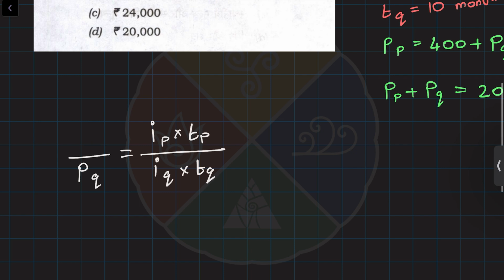So instead of profit of P, I will write 1200 and here I write 800. If I simplify, the zeros are gone, and if I divide by 4 on both sides, that is going to be simply 3 by 2.